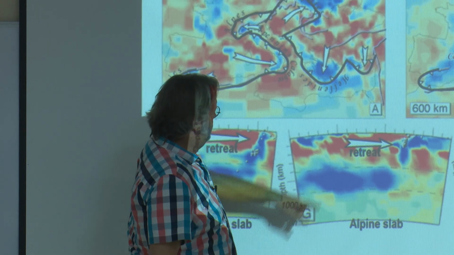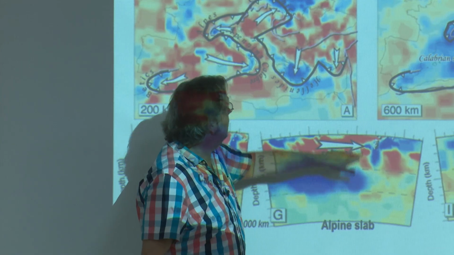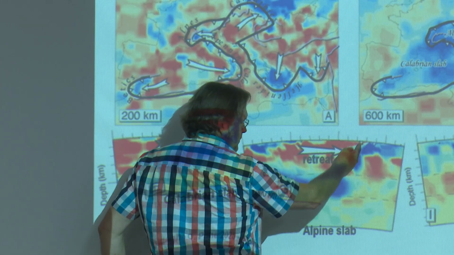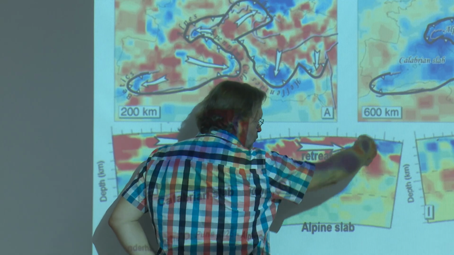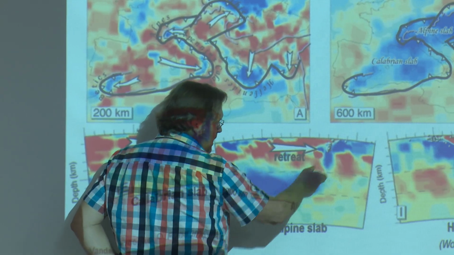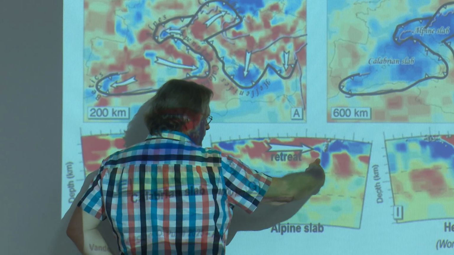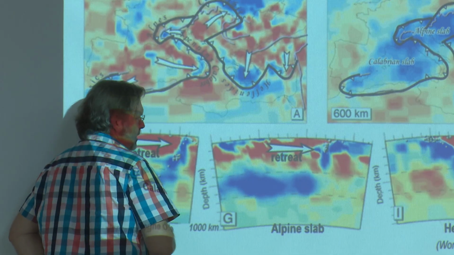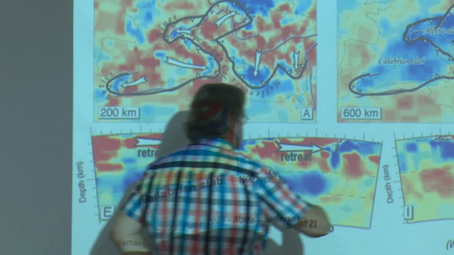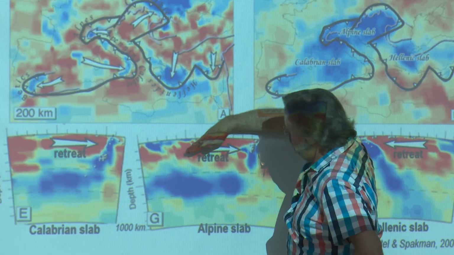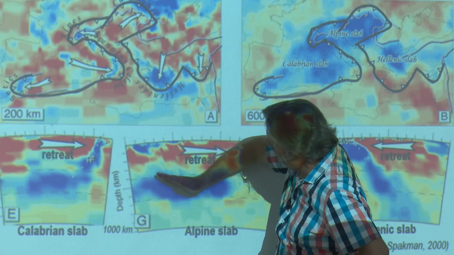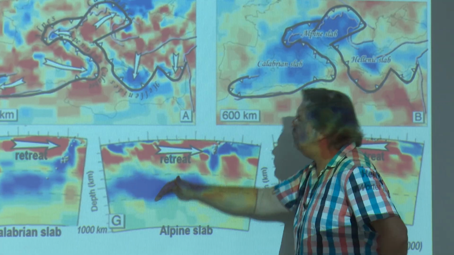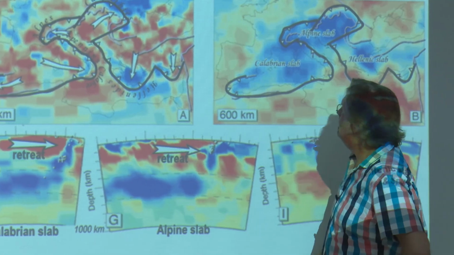Here in the north, that's illustrated by this section across the Carpathians. You have the Wadati-Benioff plane here, a blue zone that goes down towards the south and is also blocked in the transition zone at something like 600 kilometers. And that's also been interpreted as subduction first like that and then retreat, which allows the asthenosphere to upwell in that region.